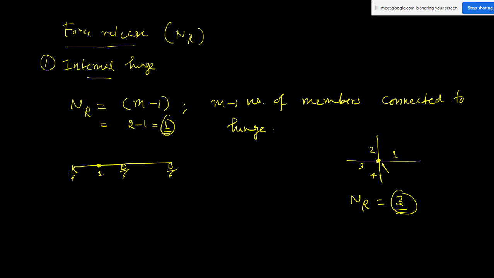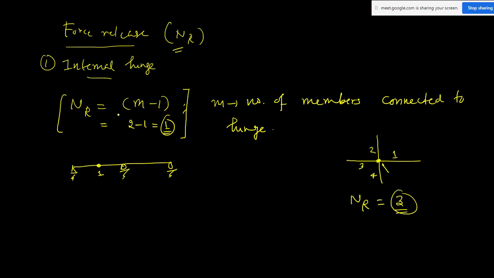If you get a complex problem and think too much, you will make a mistake. So just understand the technique of how to solve difficult, complex problems for the indeterminacy calculation, and apply that. That is the method. This is a simple equation for the number of force releases in a 2D structure, a 2D frame.